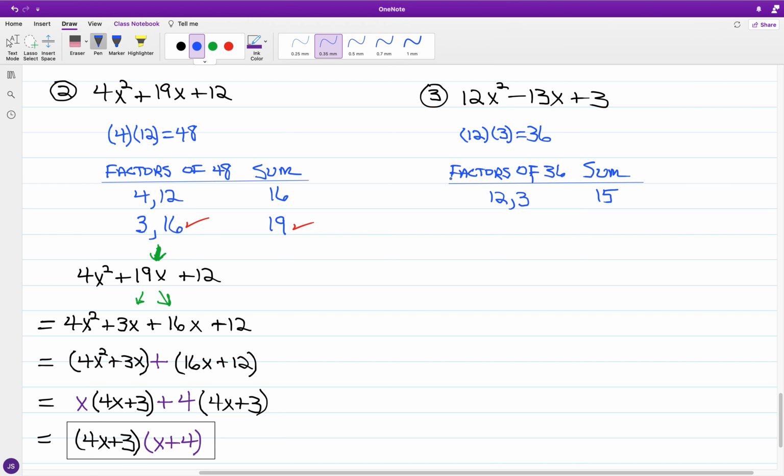So for this one, we need both numbers to be negative, and we'll say that we have negative 9 and negative 4. Negative 9 times negative 4 is positive 36, and negative 9 plus negative 4 is going to be negative 13.